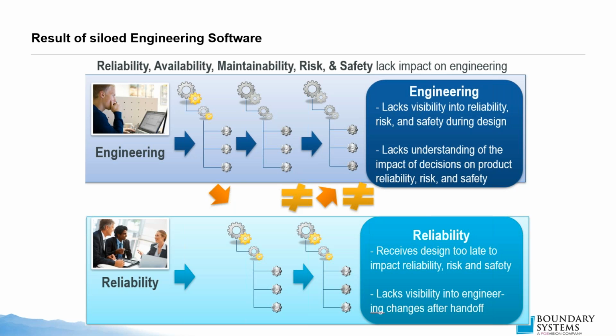And so engineering makes decisions without understanding the impact on reliability, risk, and safety, right? And then on the other hand, it's almost like a baton toss. Reliability receives the design after engineering is done with it, and so you receive the design too late to impact reliability or risk or safety in a meaningful way, right? You almost essentially have to live with what you have, right? And that's how product development is currently done, right?